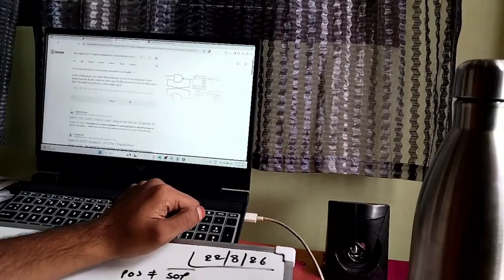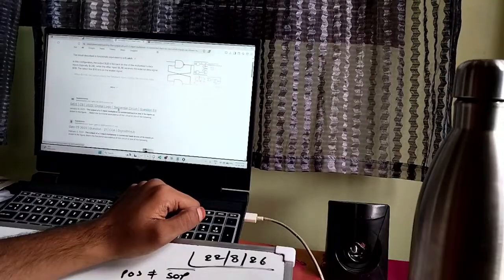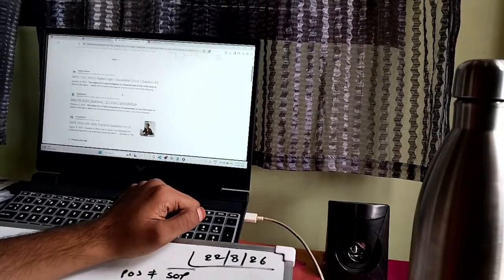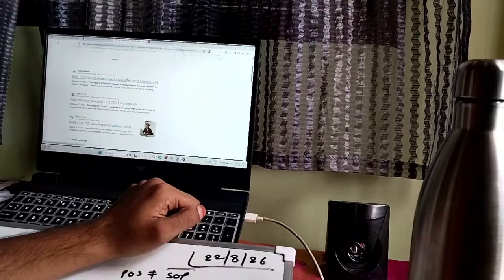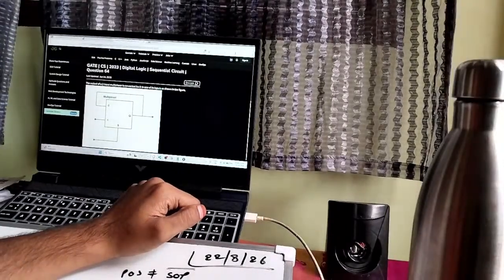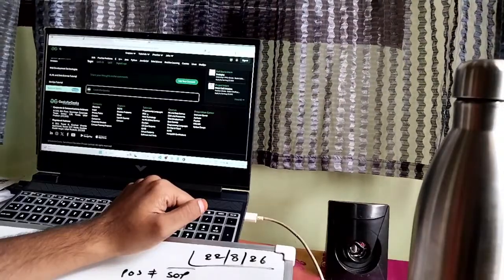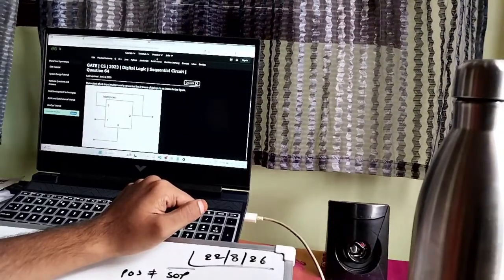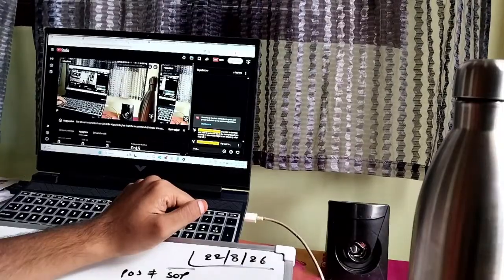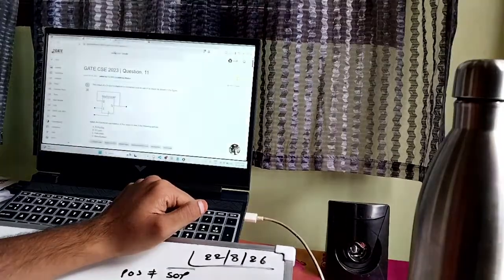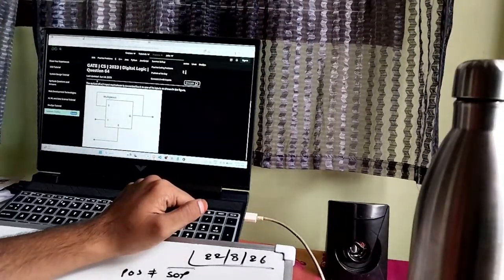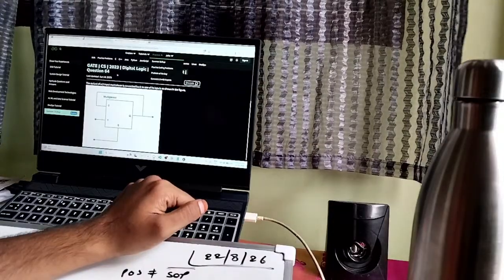Yes, okay, this is a question. What type of thing is this? Any question? The first question is GATE CSE digital logic.